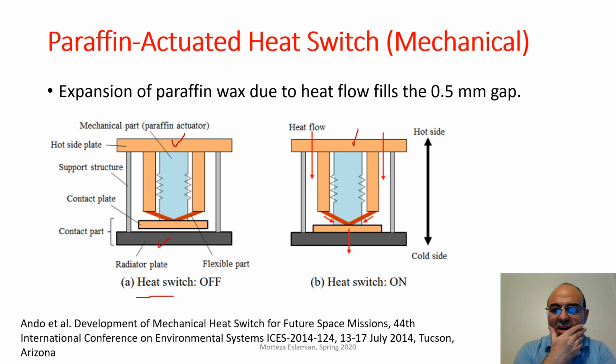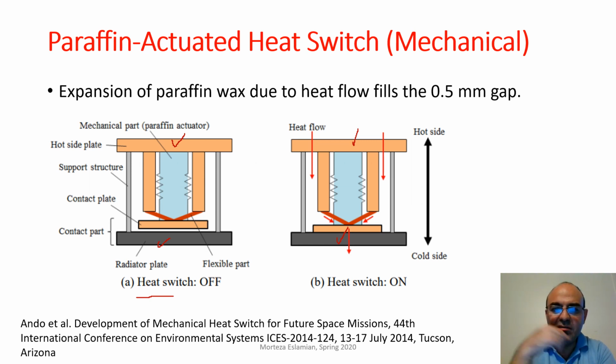the paraffin will melt and expand, and then the connection between this contact plate and the radiator will be made. So as a result, conduction will assist radiation, and the heat switch is in the on mode in this condition.